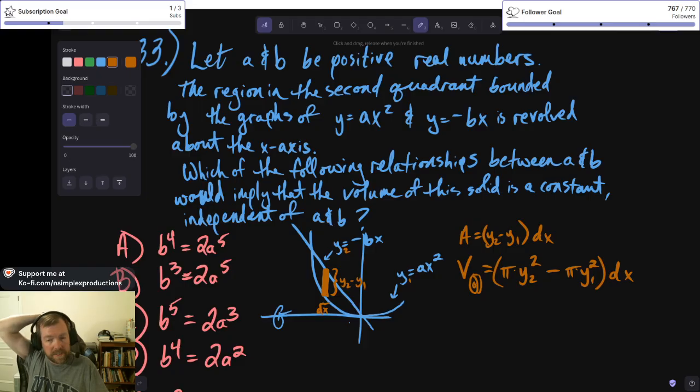Right, and then that's times dx, because now we want the height. So pi r squared times height, it's going to get us this.